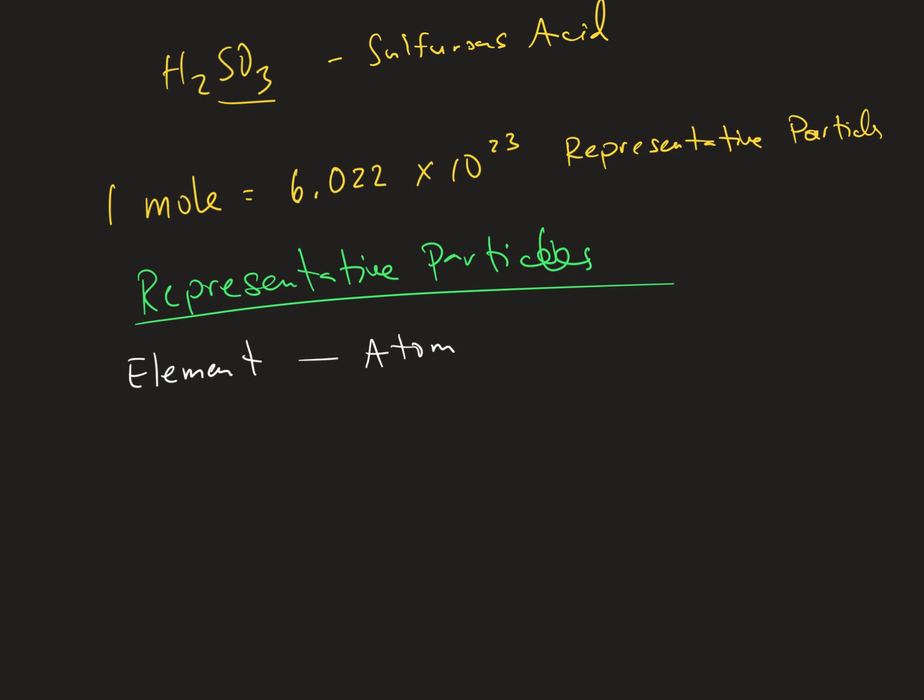That's the smallest particle of an element that retains its identity, right? If we have a covalent compound, we call this a molecule. Don't abbreviate the word molecule. Do you understand why? Okay. And for an ionic compound, it's called a formula unit.